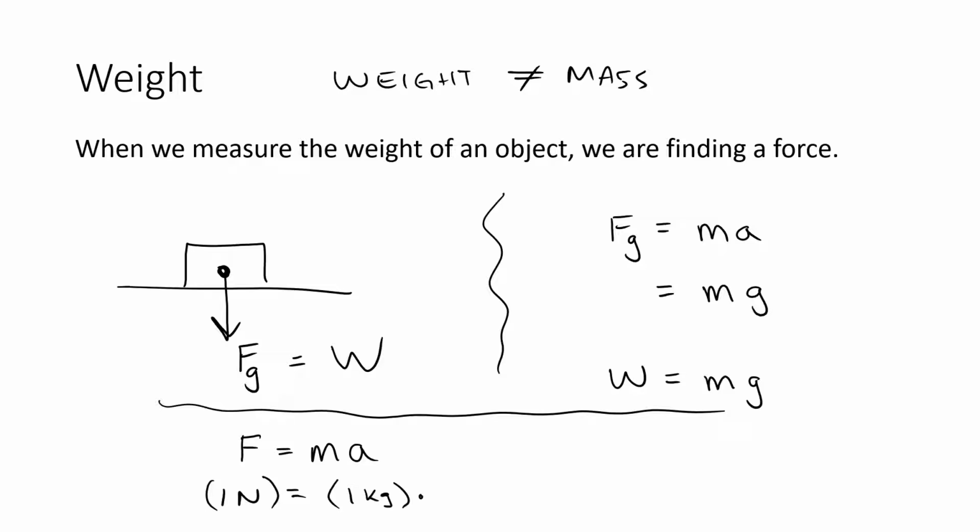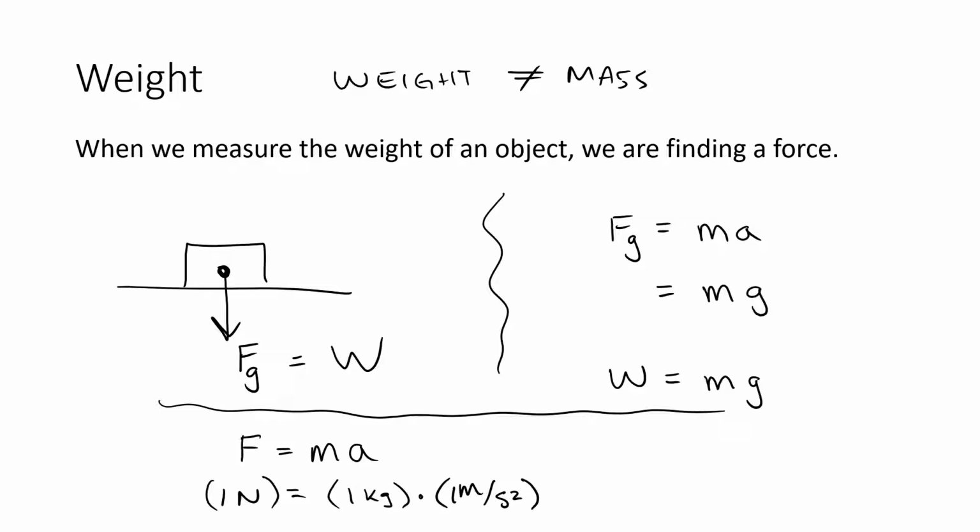And the SI unit we're looking for for acceleration is meters per second squared. I think I forgot to officially put this somewhere. 1 newton is 1 kilogram meter per second squared. There we go.